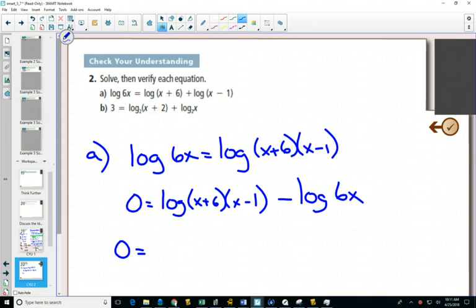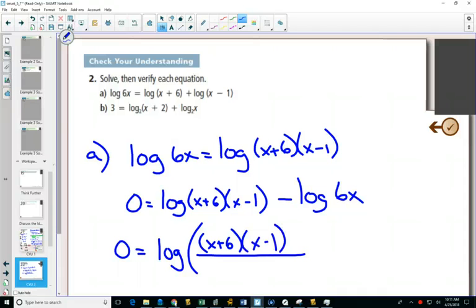What's the log law for subtracting? Divide. So I'll have log. On the top, I'll have x plus 6, x minus 1, over 6x. Good.